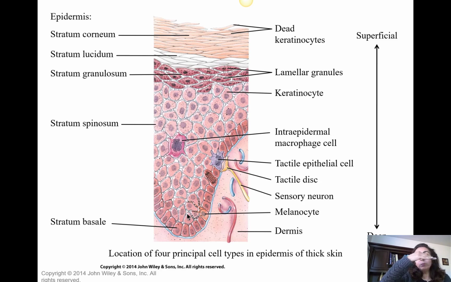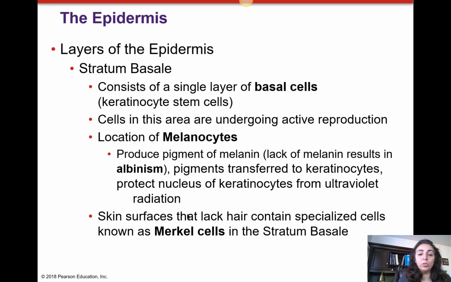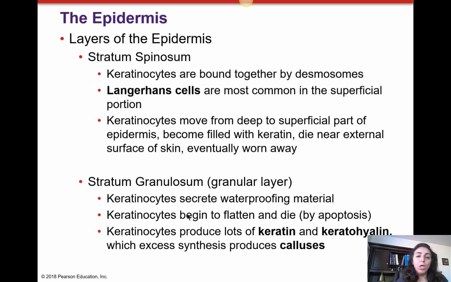The melanin pigmentation covers those cells like an umbrella and prevents the damage of the UV light over the DNA of all these keratinocytes. So that's the job of the melanocytes in the stratum basale.